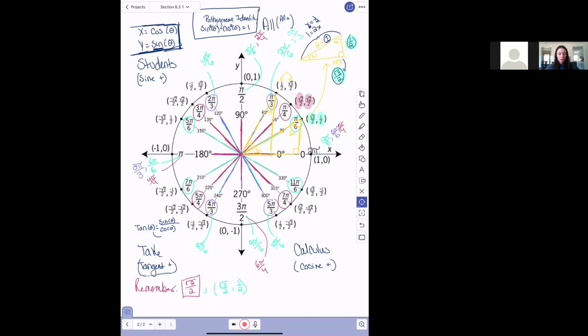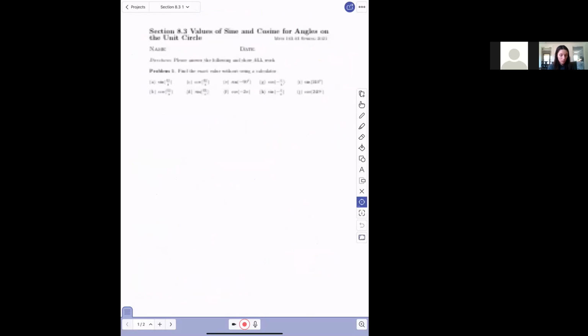Okay. So I just went through all of this, and now we have a really fast worksheet to go through. So flipping to the worksheet. We have to find the exact value of the sine or cosine of these angles without using a calculator.